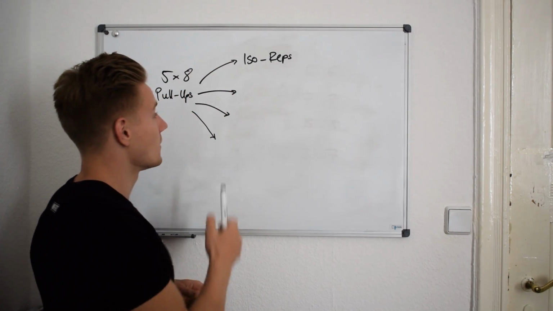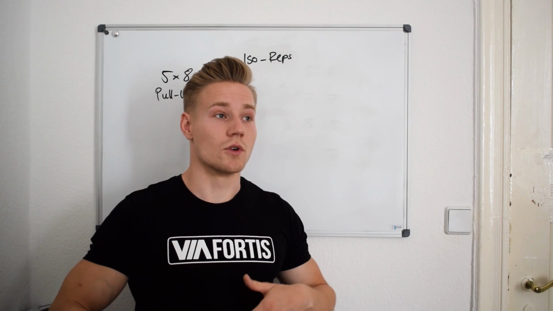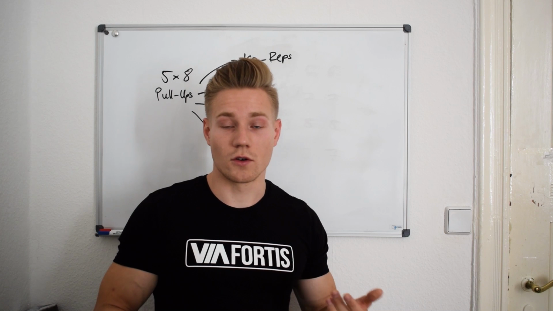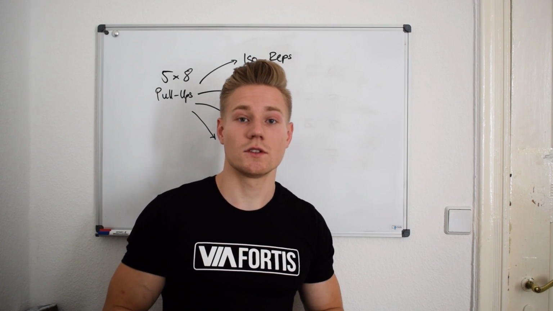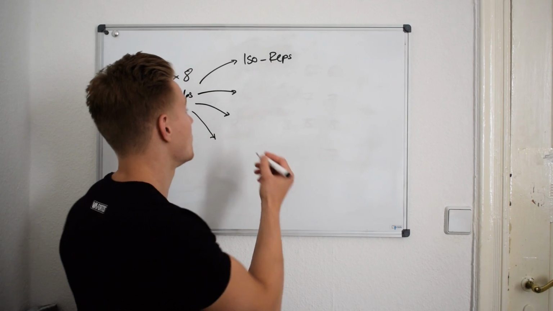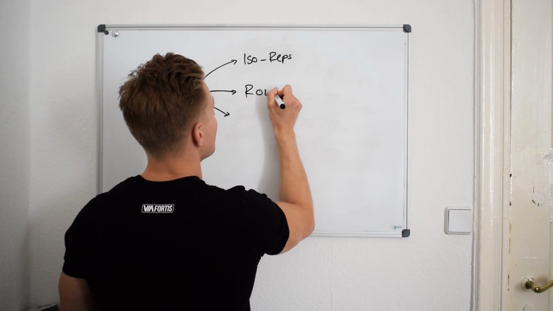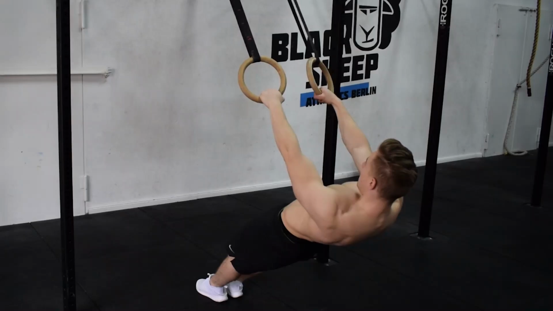The second part is you want to integrate also a rowing motion, so you have horizontal and vertical pull motions in your training. So after the iso reps, you go with rows.